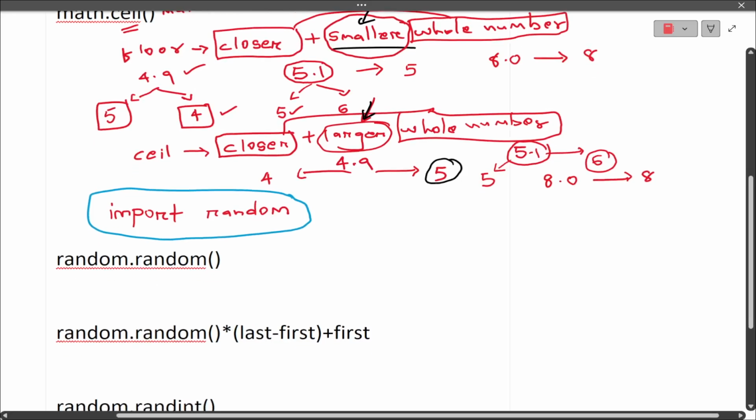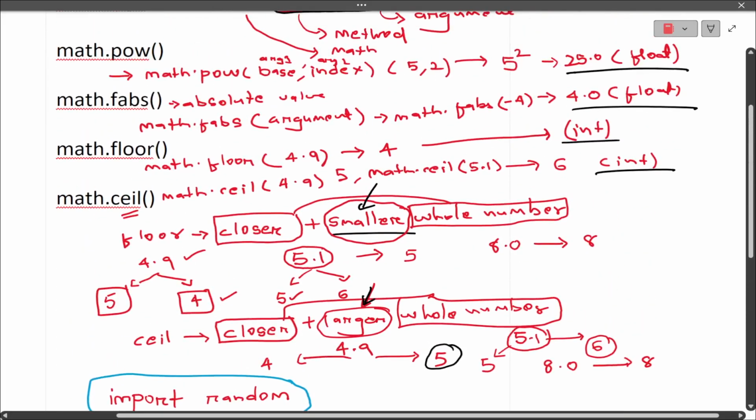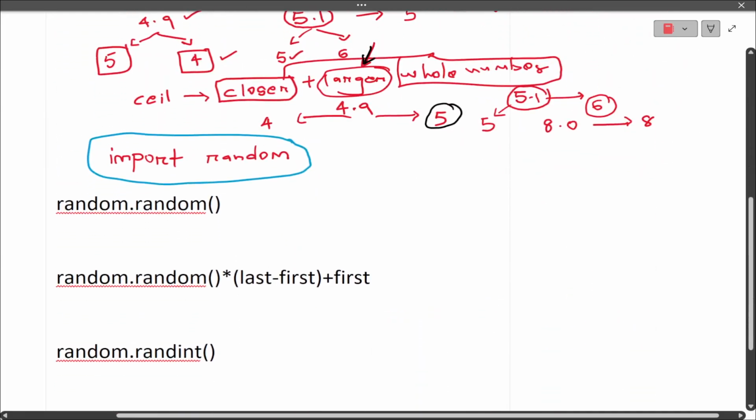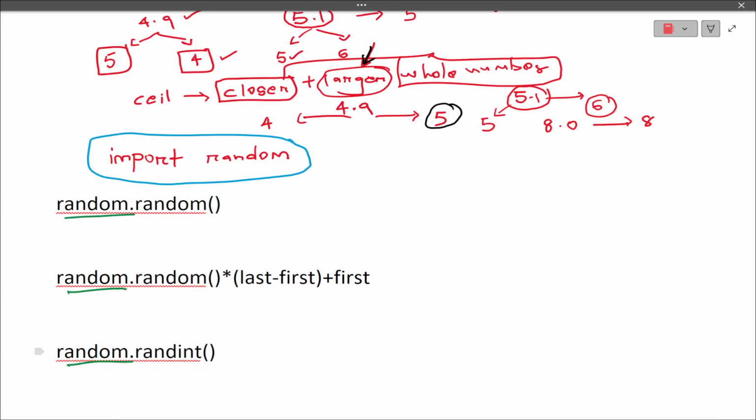You must be observing that as we were using math.pow, because math was our module, here as well you will be observing everywhere I have used random dot something. So now let us figure out what this random is all about. You see, the word itself says random means something unpredictable. Similar is the case with this particular random. Whenever you are using a random method, it will be giving you random values, but it has a range.